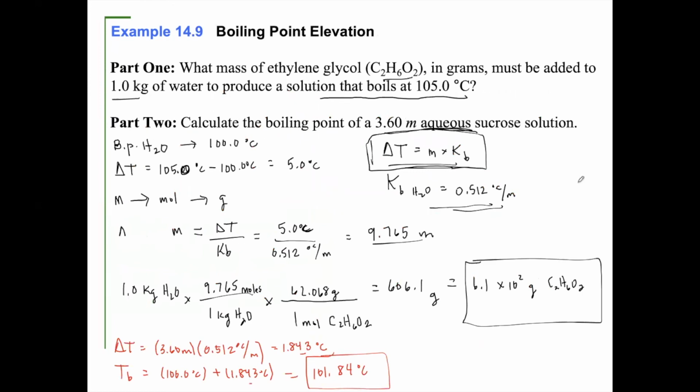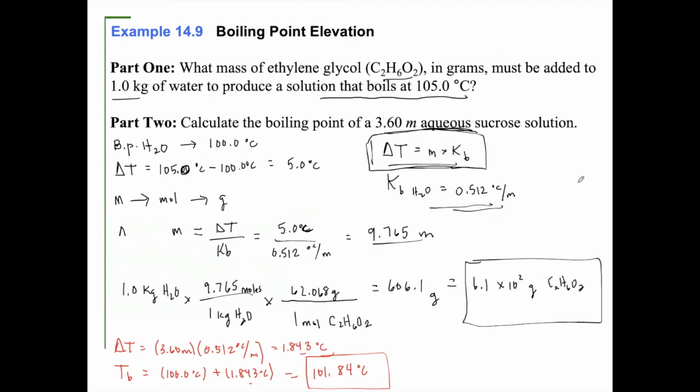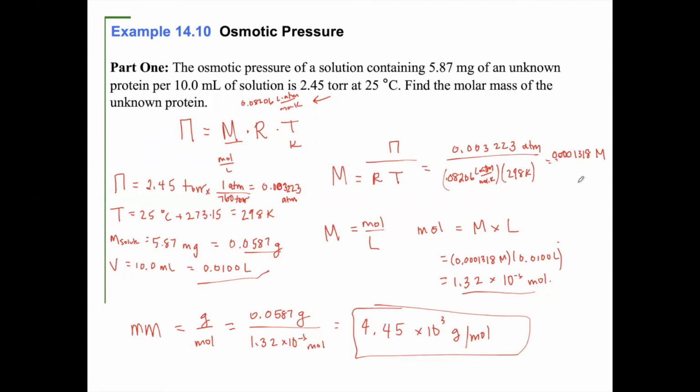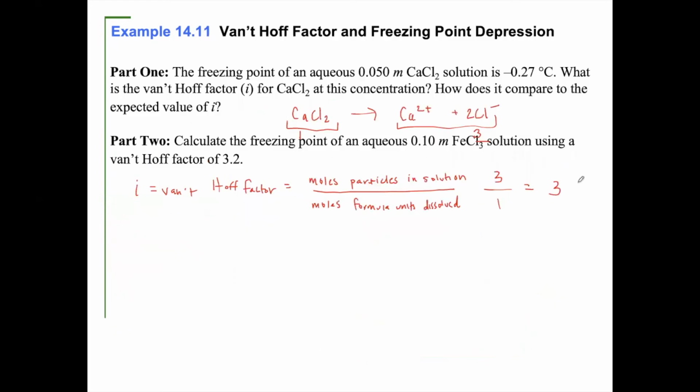Notice that in our previous examples of freezing point depression and boiling point elevation, ethylene glycol, sucrose, those are molecular compounds that are not ions. They're non-electrolytes. They do not separate into constituent ions when they're dissolved. So we don't have to care about the van 't Hoff factor for those because it's always 1, right? Here, the van 't Hoff factor can vary depending on what your compound is. So this is just something to keep note of.